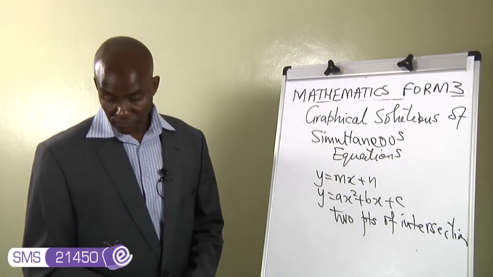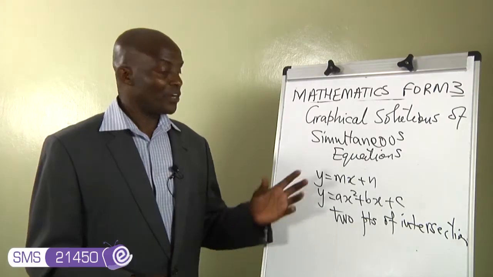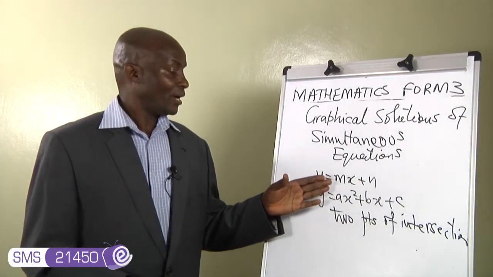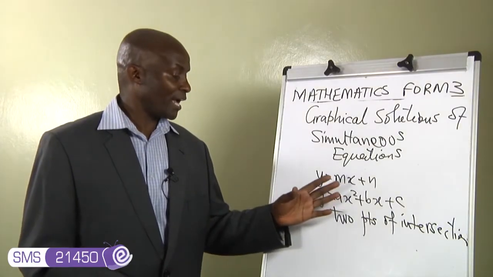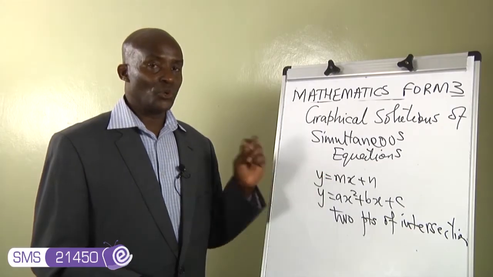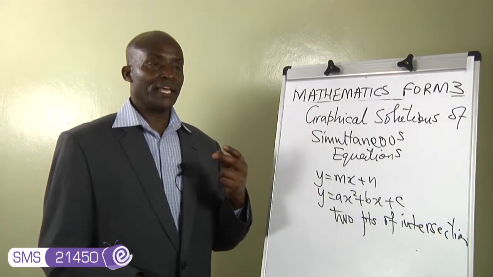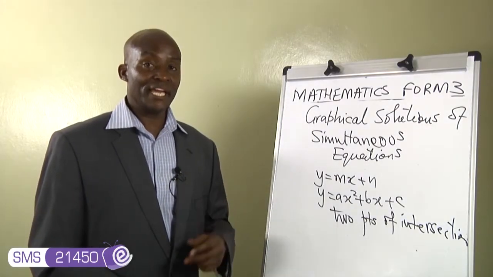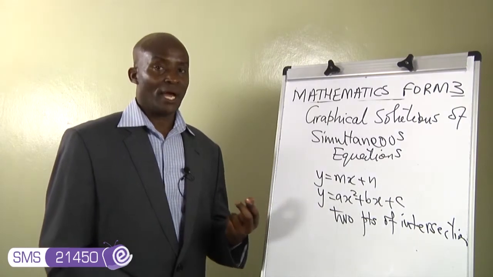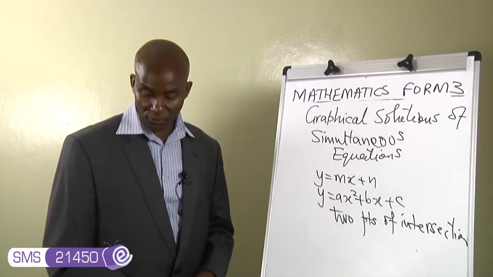It is very important to remember that when solving simultaneous equations, one quadratic and one linear, you will have two pairs of solutions, unlike simultaneous linear equations, which normally have only one pair of solutions.